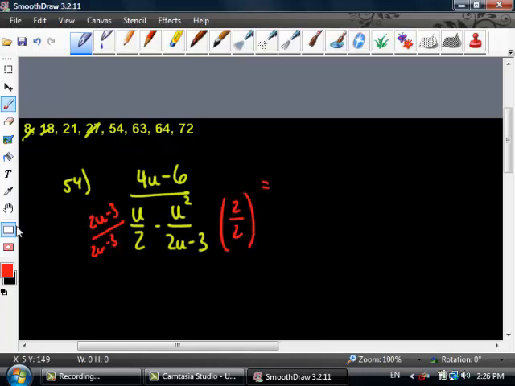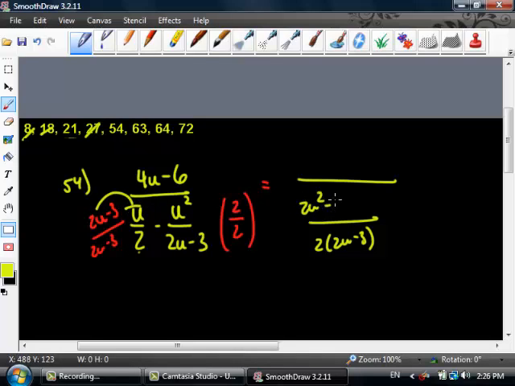So what I get on the bottom now is everything is over 2 times 2u minus 3. I'm going to distribute this in. I get 2u squared minus 3u minus 2u squared. And don't forget there's a 4u minus 6 up top. Now the 2u squared and the negative 2u squared, they're going to cancel each other out, which is kind of neat.